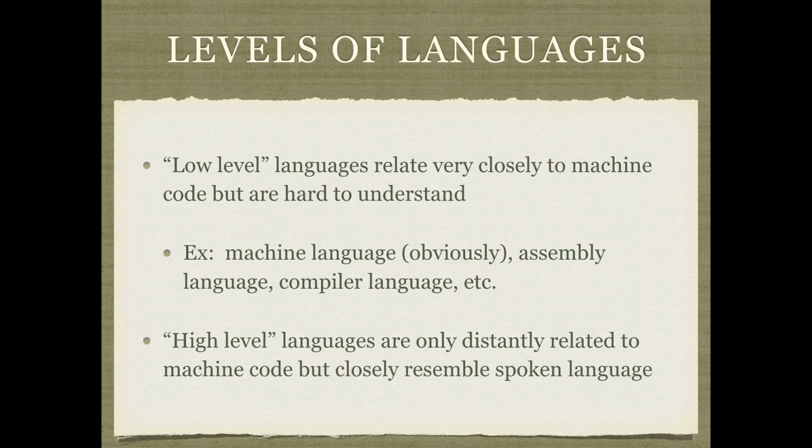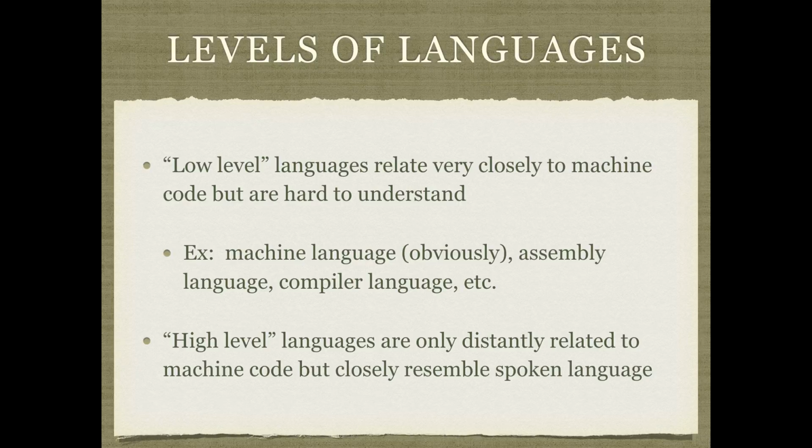The next level above that is assembly language, and then additional languages on top of that. So the languages that are on the lower end of the stack, closer to the hardware, we call low-level languages. The lower level a language is means that it's that much closer to machine code. A computer understands it much more easily, but humans do not.